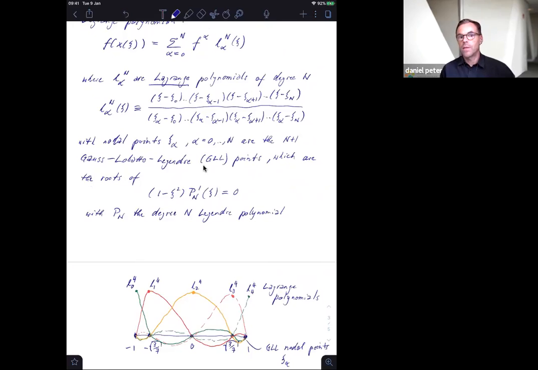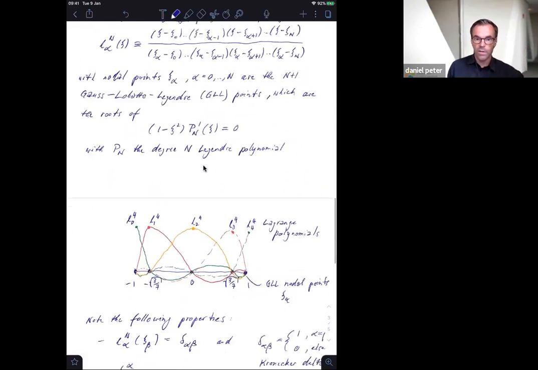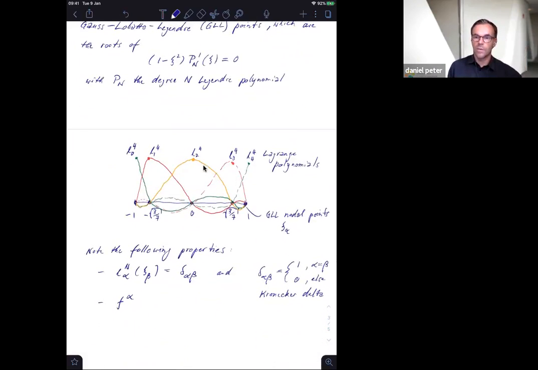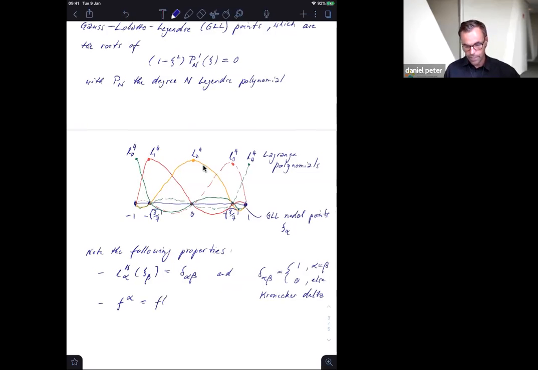Because the Lagrange polynomials are exactly 1 on their associated nodal point, if we evaluate the function f of x at xi alpha, one of the nodal points, this is going to be exactly the coefficient f alpha. So this will be f evaluated at xi alpha.